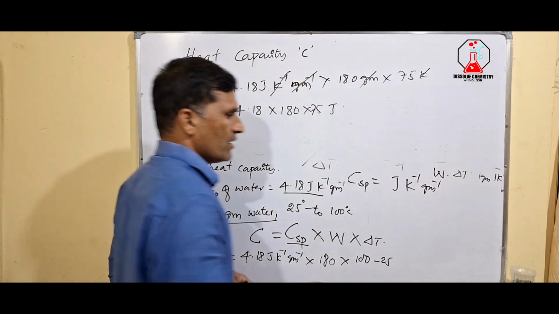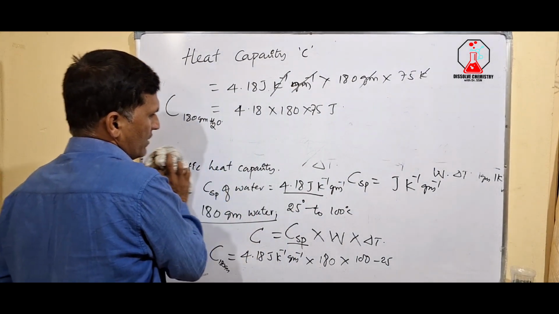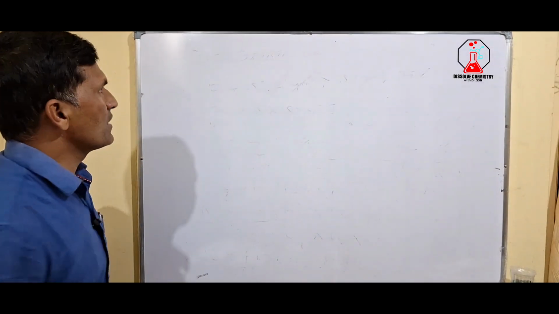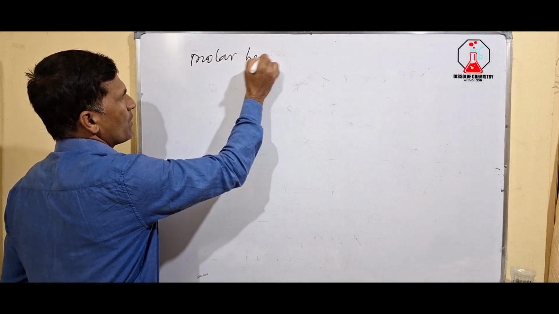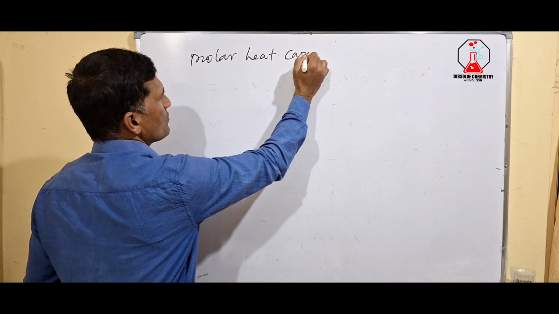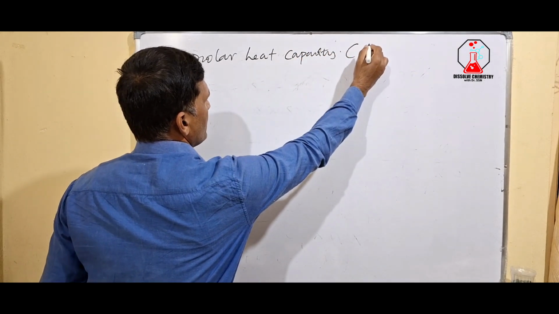Now we will talk about another type of heat capacity that we call molar heat capacity. This molar heat capacity is very similar to your specific heat capacity. It is represented as Cm.